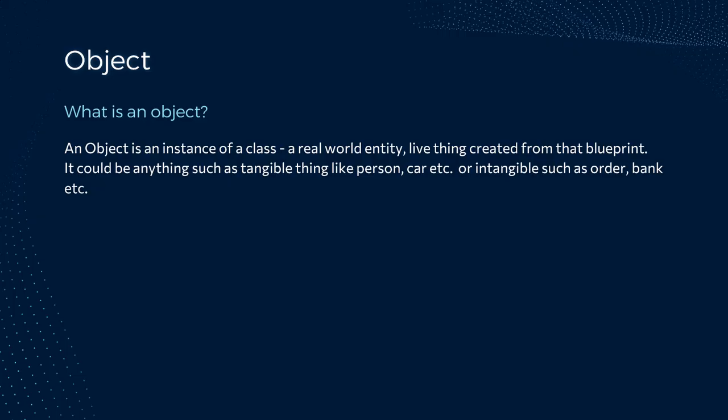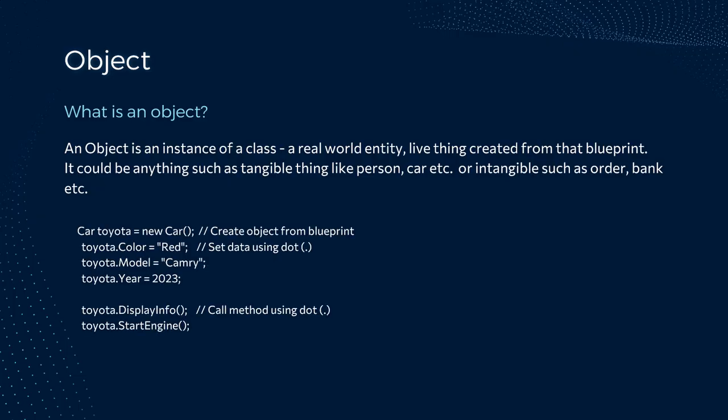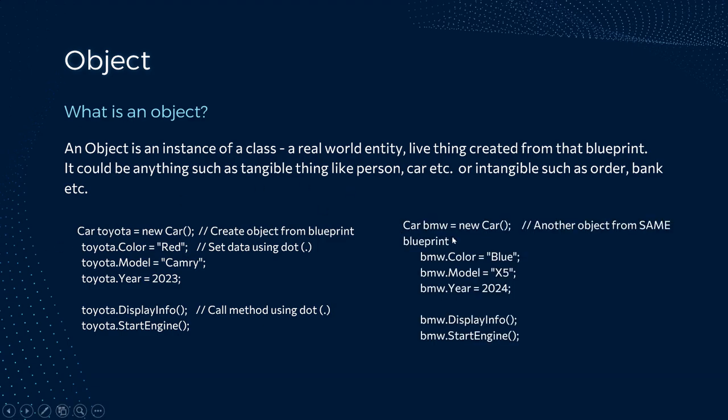Here I have created two car class objects. One is the Toyota and another is the BMW. So there are two objects you can see here. And how can we access the members of the class? First, let's see how to create an object.